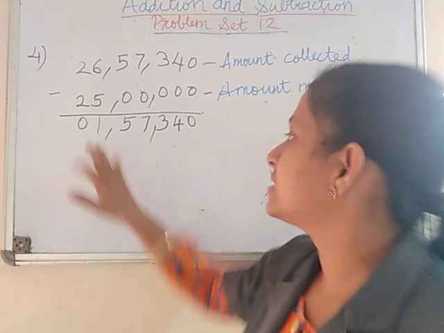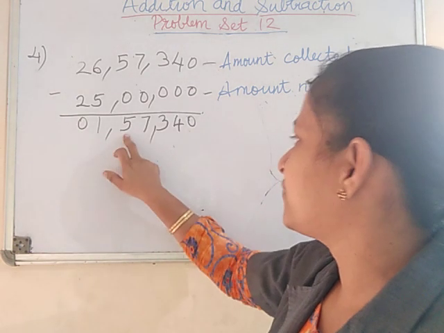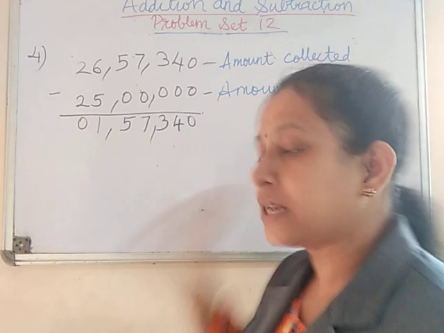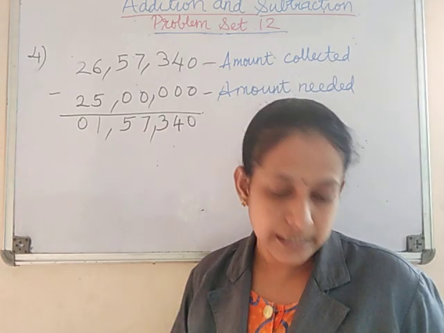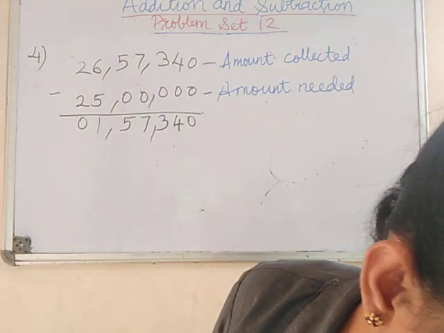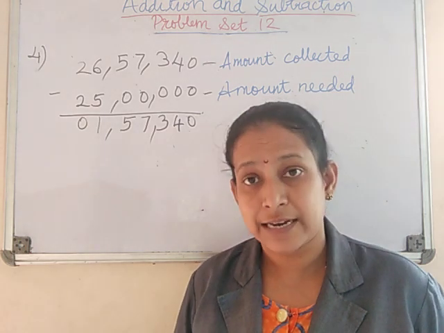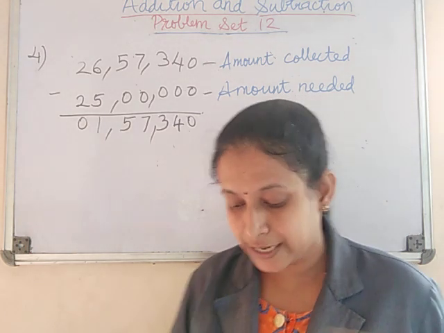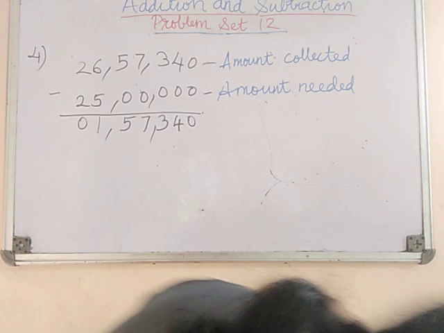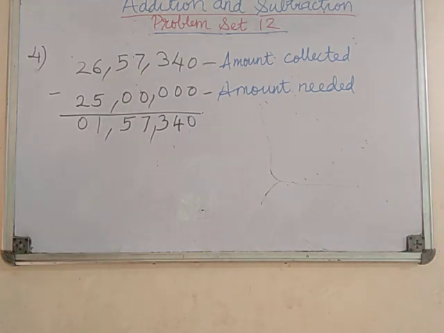Fine. So how much is the amount? 1,57,340 was the amount exceeded. That much amount they exceeded their target, whatever was their target. So let's write according to the statement. According to the question asked, we'll write a statement here.